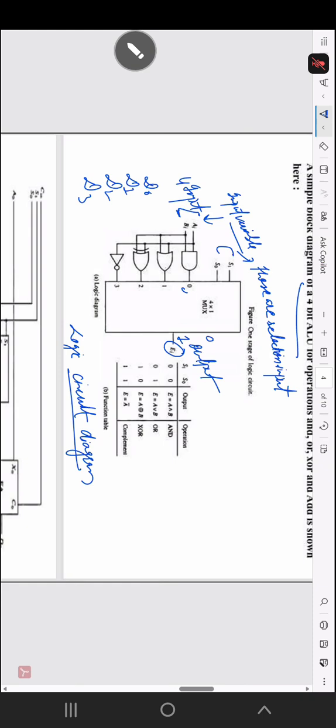So here D0 is with the AND gate, D1 with OR, D2 with XOR, and D3 with invert.